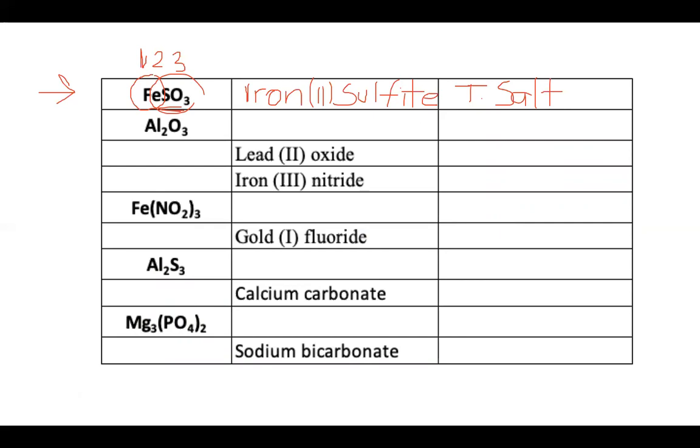Because if we write Fe with a charge of +2, SO3 with a charge of -2, the sum of our exponents is going to be 0. Here we have +2, -2, and we have 0. Okay, this is what we have to do when we have transition elements.